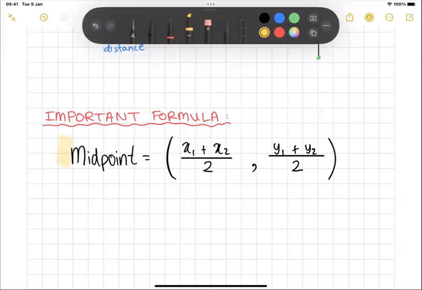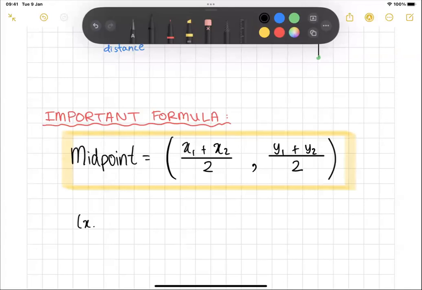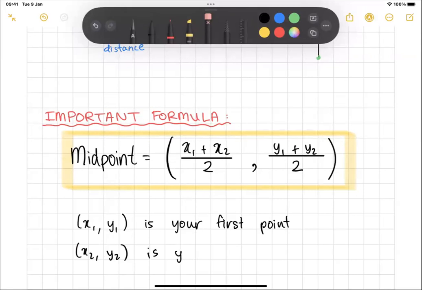And that's it. Then, one thing I would like to preface is, if only this highlighter would work, there you go: x1, y1 is your first point that you are given, and of course x2, y2 is your second point that you're given in the question.